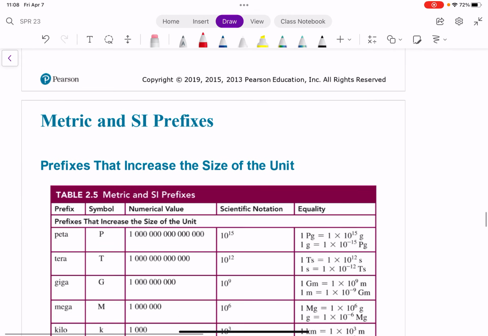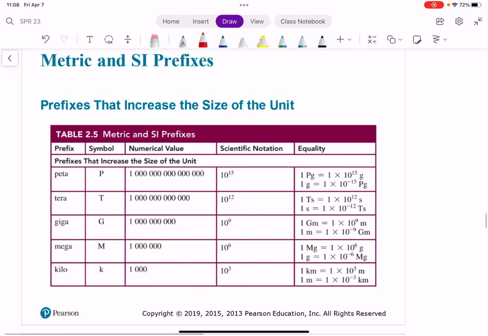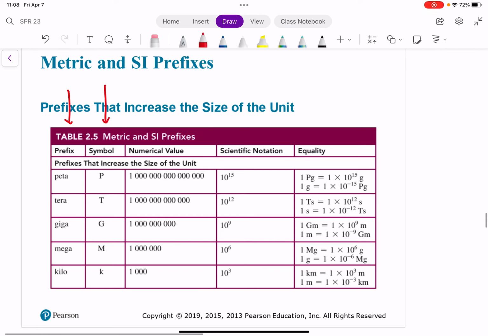Okay, prefixes that increase the size of the unit are in this first table here. Let's break this down a little bit. In the first column, we have the prefix: peta, tera, giga, mega, and kilo. And then we have symbols that we can use as a shorthand version for those prefixes: capital P, capital T, capital G, capital M, and lowercase k.